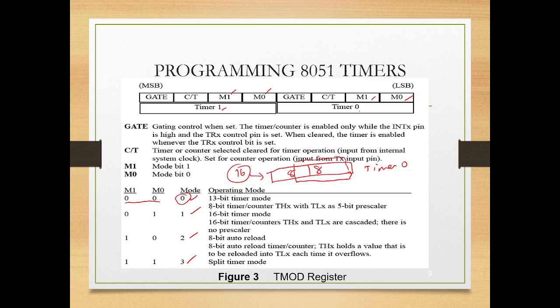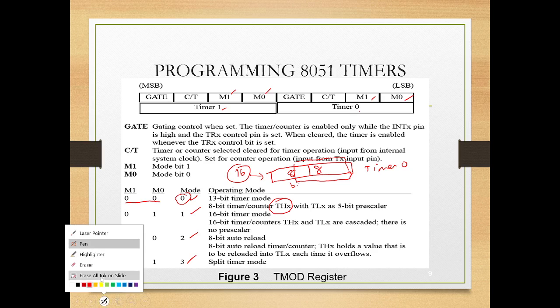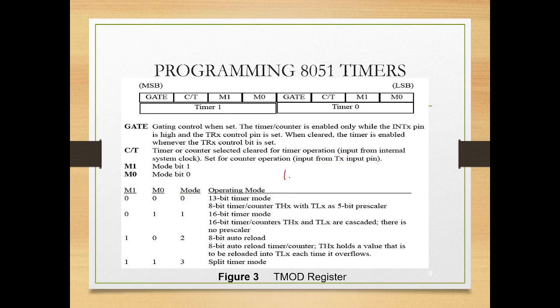Otherwise, we can take it as an 8-bit timer or counter, with the TH lower bits taken as a 5-bit prescaler here. That is, we have 8-bit TL and this one is TH, 8-bit.